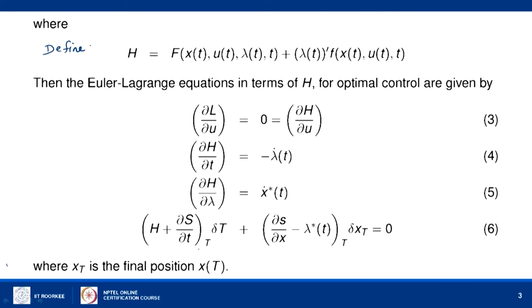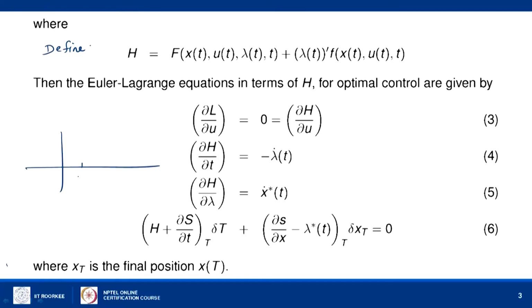Now, we have seen one case in the last lecture, that is, the initial point is fixed and the final point is also fixed. So, if we consider t0 and capital T, and at t0 the value is x of t0 and at capital T the value is x of capital T. So, we consider functions of this type for the optimal state. So, x of t is the state variable, initial condition x of t0 and final condition x of capital T, both of them are fixed.